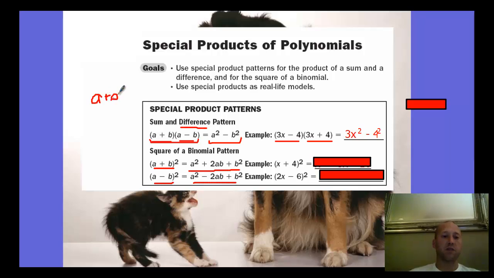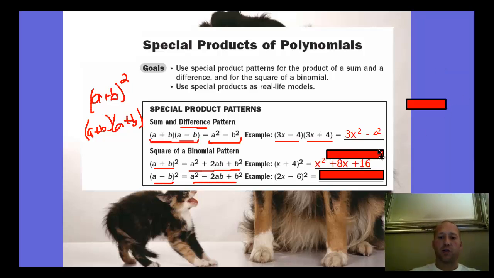If you have a plus b squared, first rewrite that as a plus b times a plus b, and then you can just use FOIL, and then you don't have to memorize this pattern, but it's not a hard pattern to know or to become comfortable with.